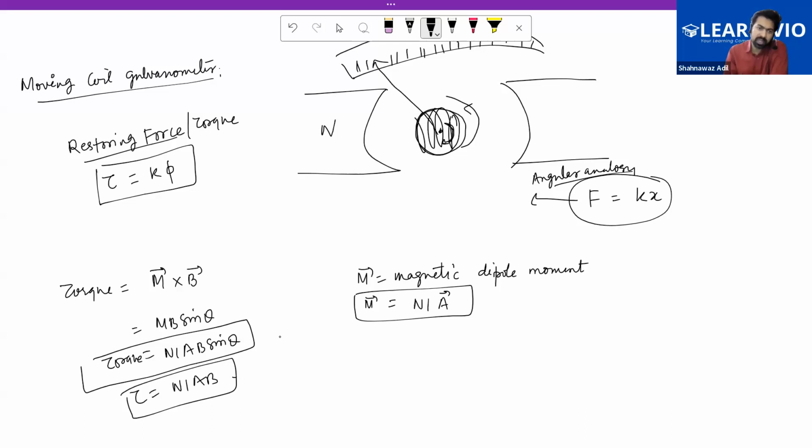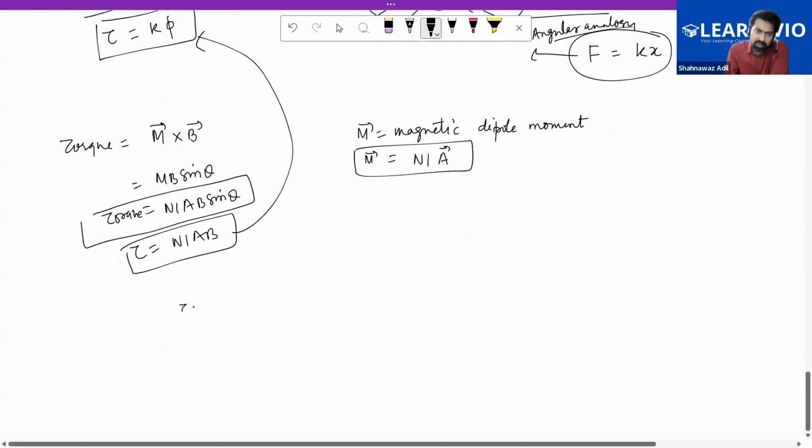Now let us get back to the restoring torque, K phi, and this is happening due to the magnetic field which is passing radially. So then we have a 90-degree angle, theta is 90 degrees, so the torque is NIAB. And we know this torque is equal to K phi.